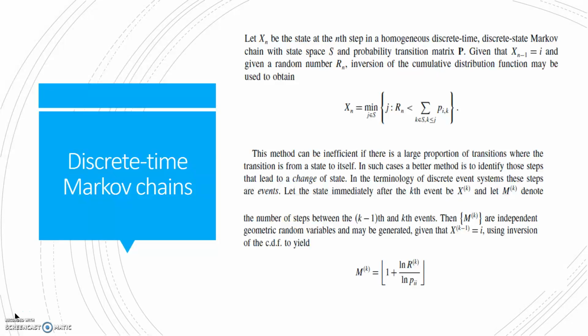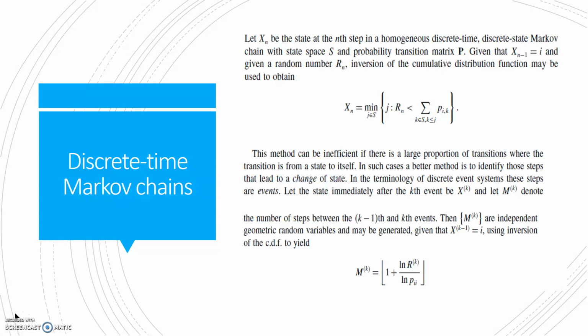So let's say x of n is the state of the nth step in a homogeneous discrete time, discrete state Markov chain with state space S and probability transition matrix P. Now, if we know that x sub n minus 1 is equal to i, then given a random number, the inversion of the cumulative distribution function may be used to obtain x sub n, which is equal to the min of k such that the random number is less than the sum of p sub i comma k.